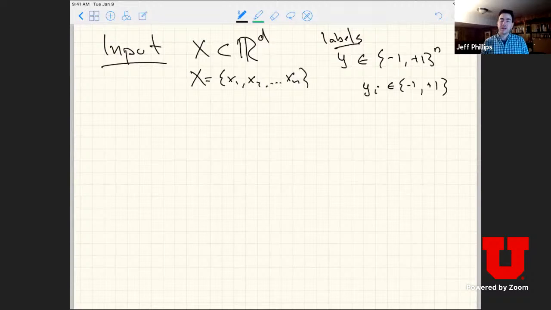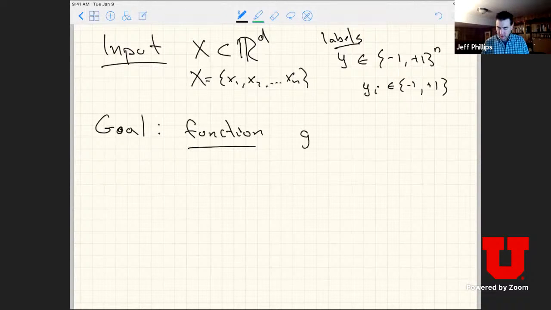And so the goal is to build a function that's going to be able to predict these classes from this data. So the goal is going to be a function g, which is going to go from R^d to R. Actually, it's going to go to -1 or 1, but it's a lot easier to work with these continuous functions.